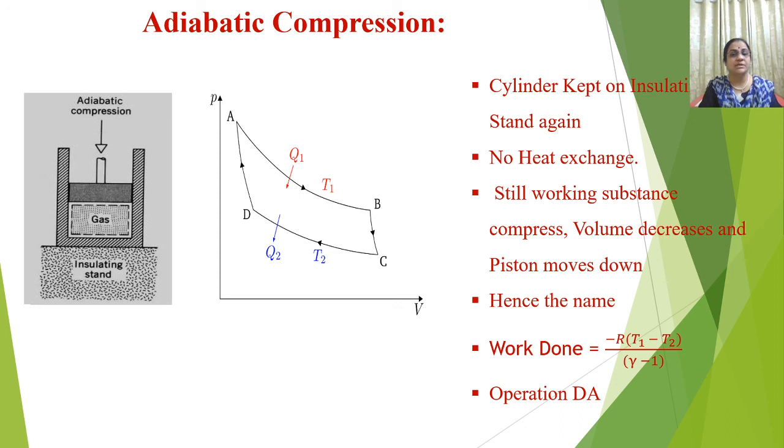Heat is not exchanged during this compression, therefore it is called adiabatic compression. Work done is given by minus R (T1 minus T2) upon (gamma minus 1) and this operation is shown by the curve DA.